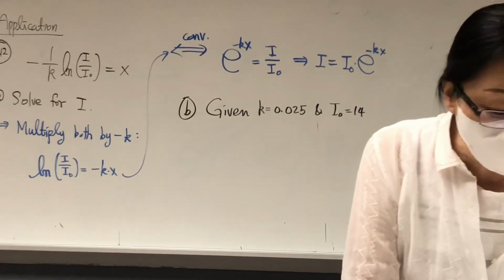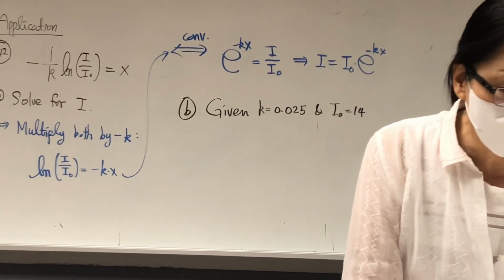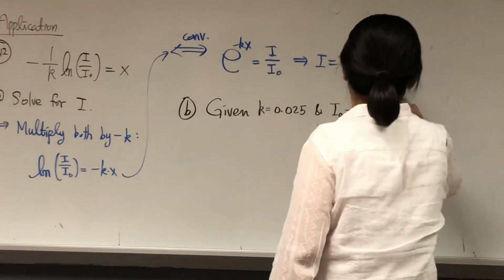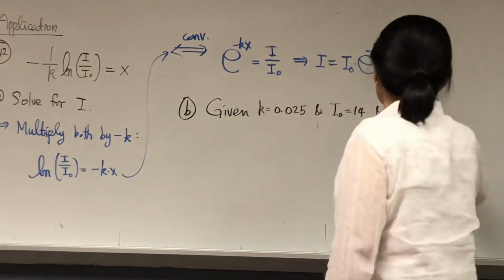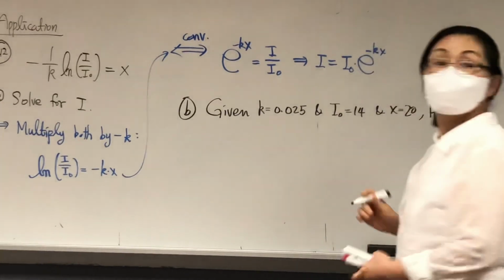And then what is the question? Find the light intensity I at a depth of 20 feet. X equals what? 20 feet. Find I. Am I right?